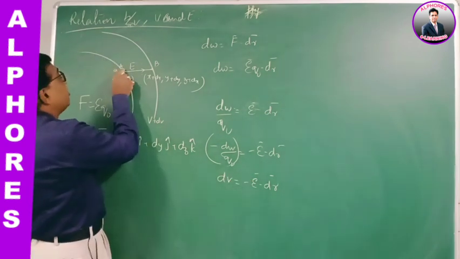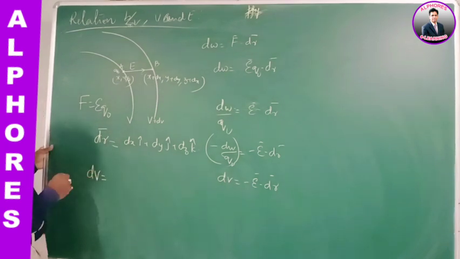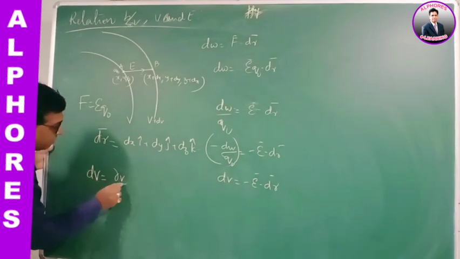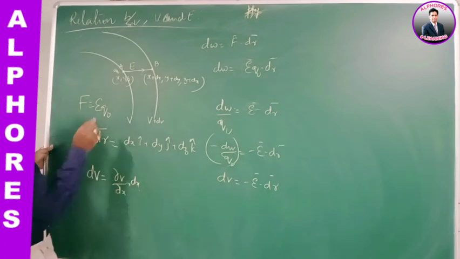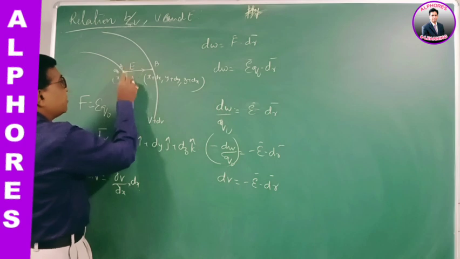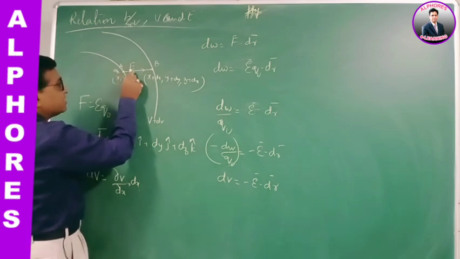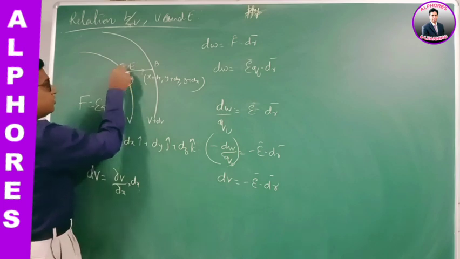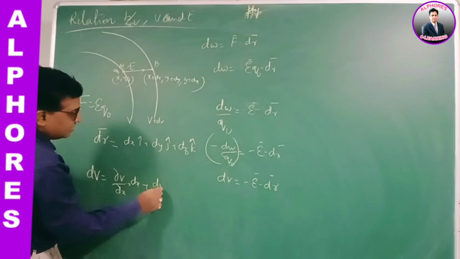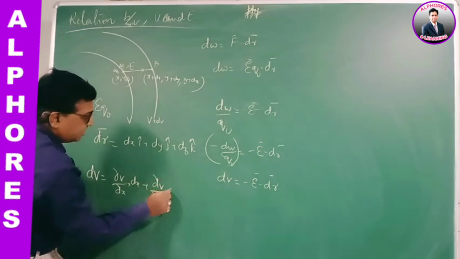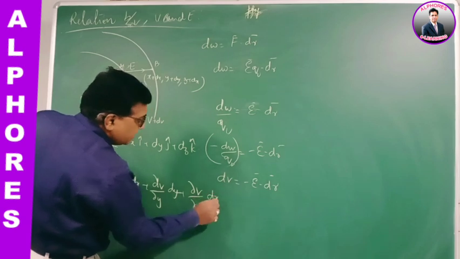The potential difference between these two points I can write as dou V by dou x into dx, because the electric field in three dimensions has components Ex, Ey and Ez. So dou V by dou x into dx, plus dou V by dou y into dy, plus dou V by dou z into dz.